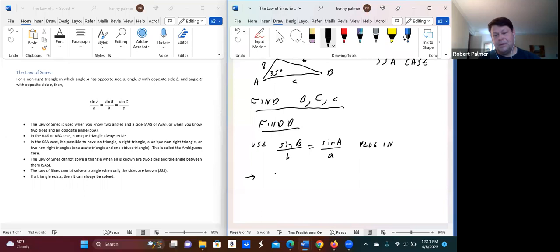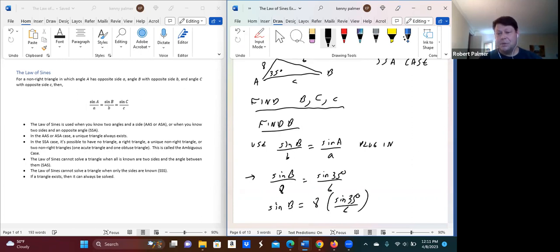So that's the sine of angle B over side B, which was 8, is equal to the sine of angle A, which was 35 degrees, over side A, which is 6. Okay, multiply both sides by 8, and we have the sine of angle B is equal to 8 times this fraction, sine of 35 degrees over 6.